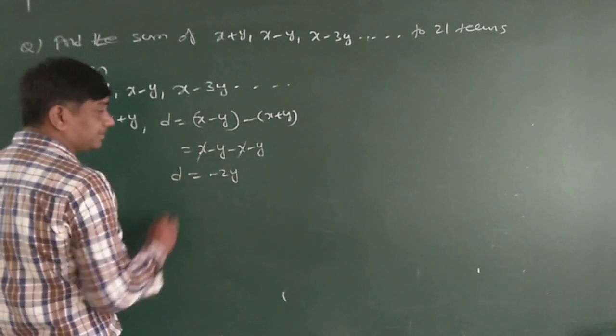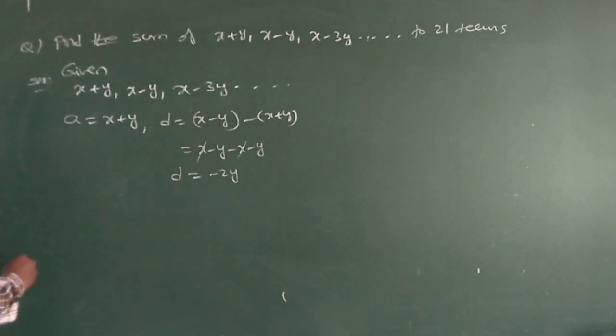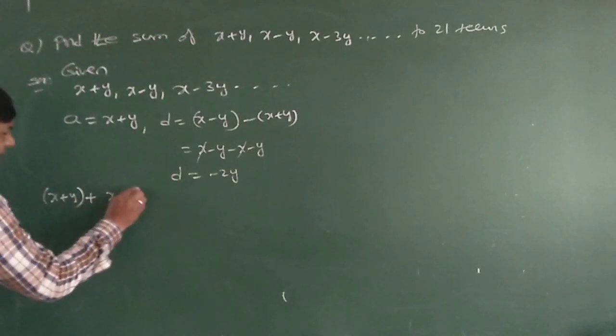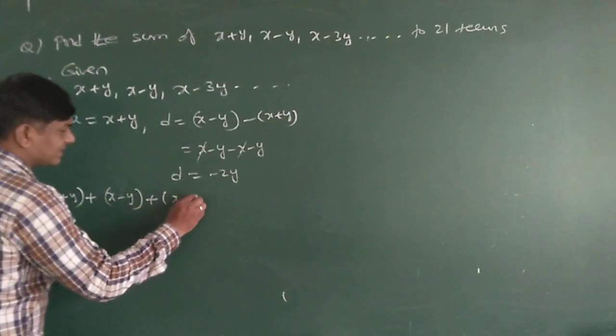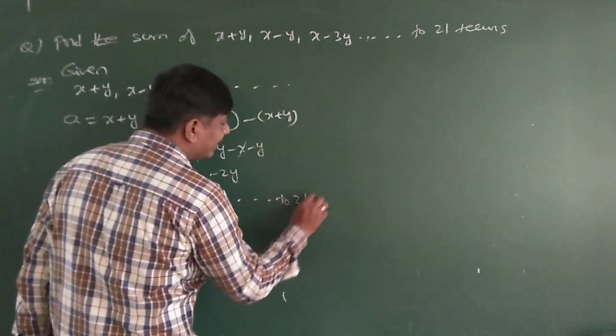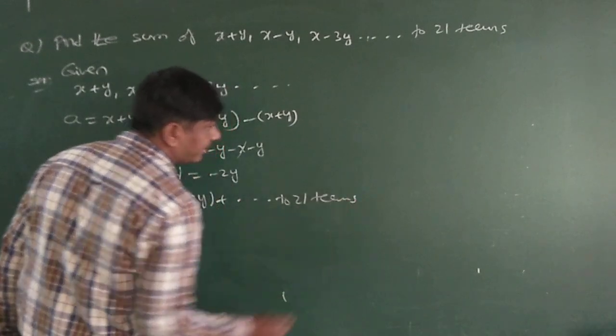This is the d value. Now what do you need to find here? Up to n terms means x plus y plus x minus y plus x minus 3y plus and so on, up to 21 terms we have to add.